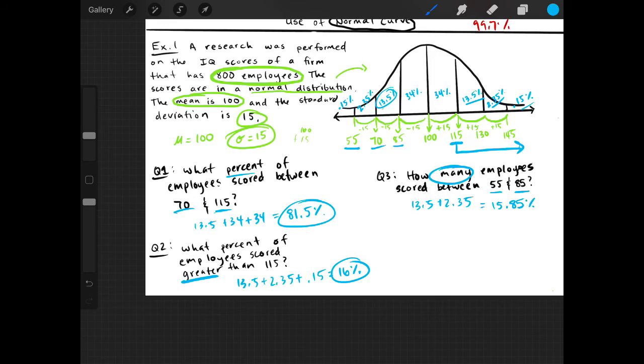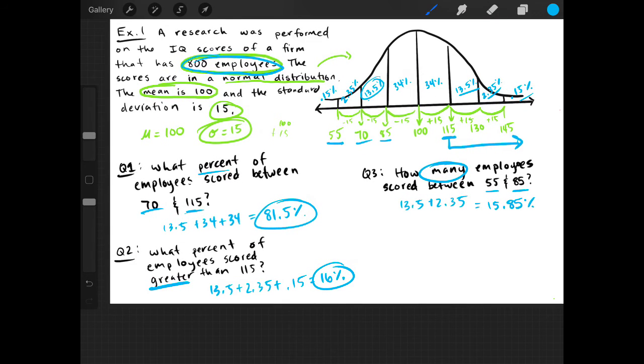What we know is there are 800 total employees. So we need to find what is 15.85% of 800, because that will then tell us how many employees scored in between 55 and 85. The easiest way to do that is by multiplying.